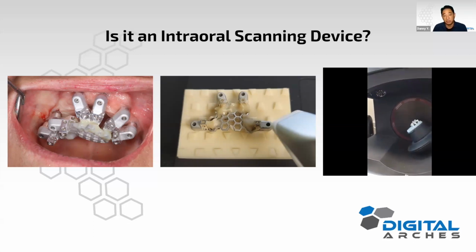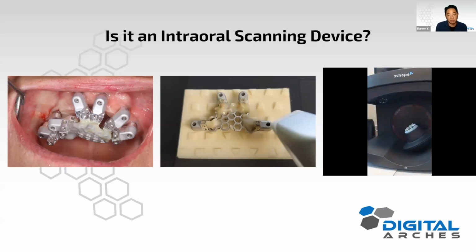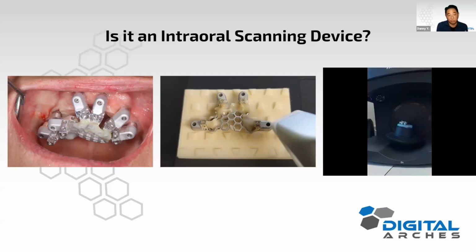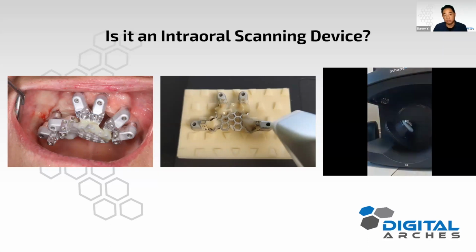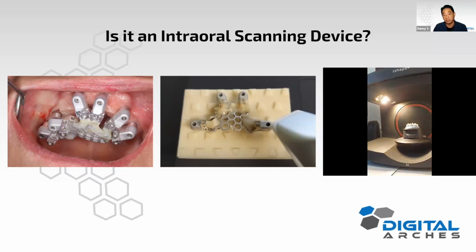This is what we did often when we were testing and developing it: even though we were designing from the scan in the mouth, we would use the model to cement the tie bases, to make sure that it's passive and accurate going back to the patient.